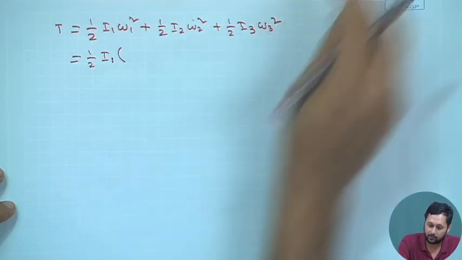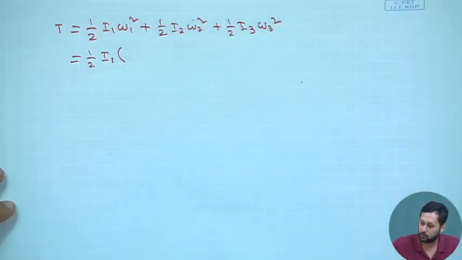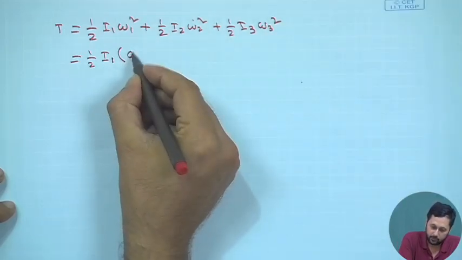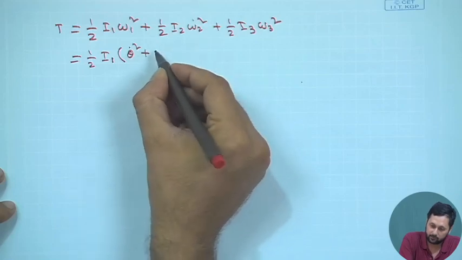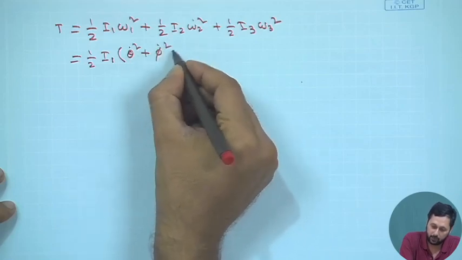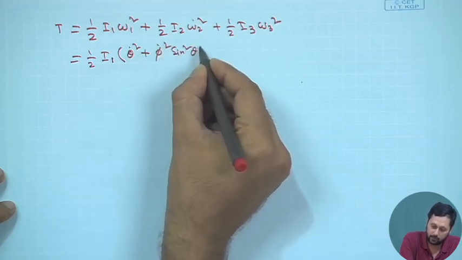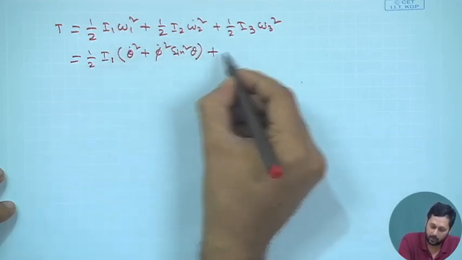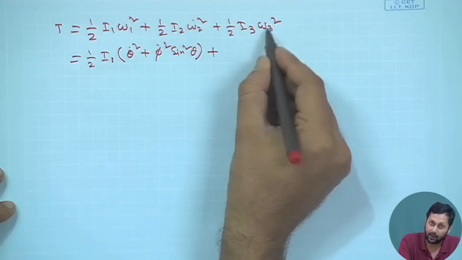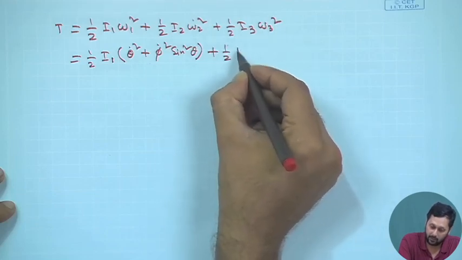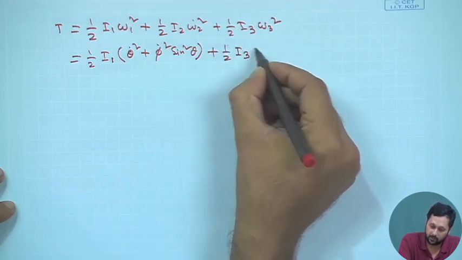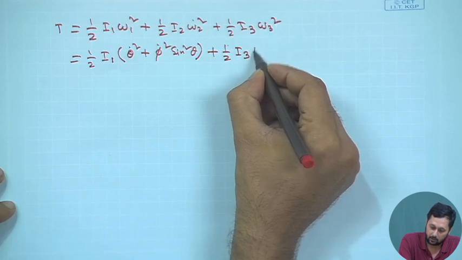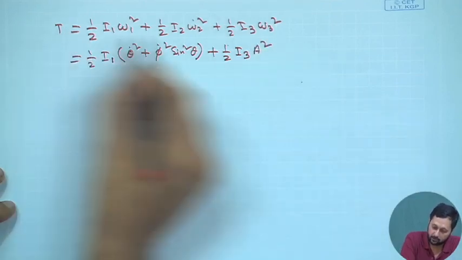Now, putting the expression for omega 1 and omega 2, it will be theta dot square plus phi dot square sin square theta, right. This is the expression for omega 1 and omega 2, and for omega 3 once again we can put A. So, the third will be half I3 A square. Now, this is the expression for kinetic energy.